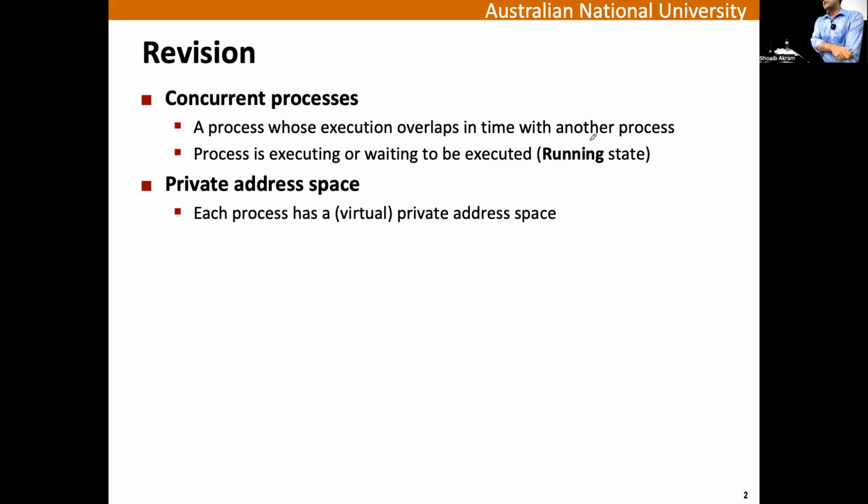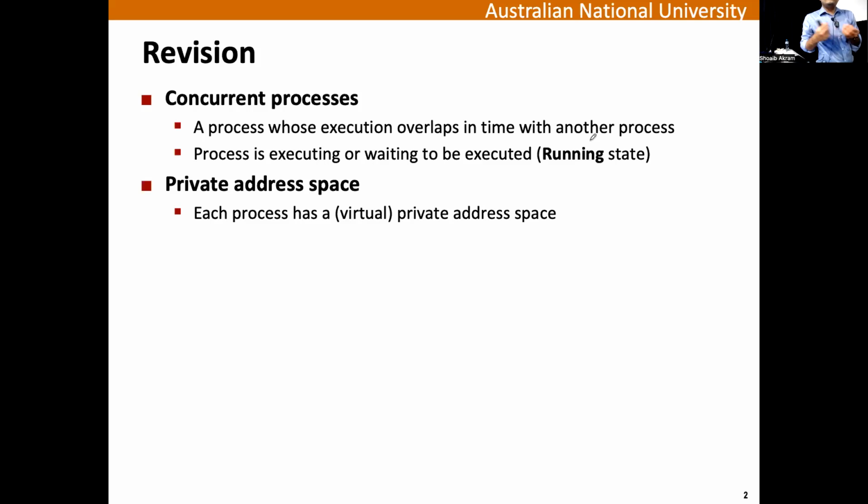Now, this is not possible, of course, if there are multiple processes running and we only have 4 GB of physical memory. We cannot have 8 or 16 GB memory for each process.